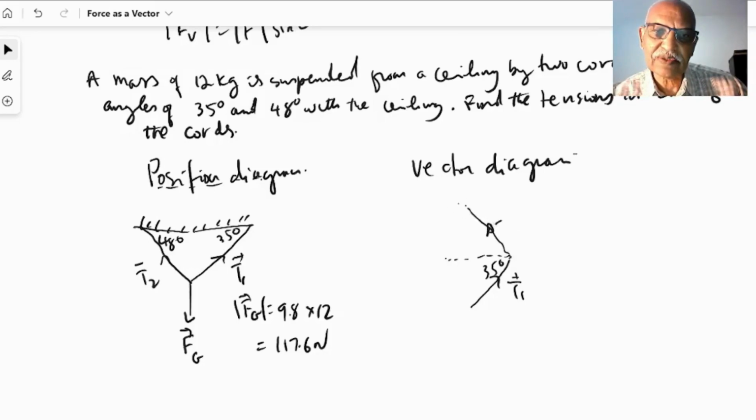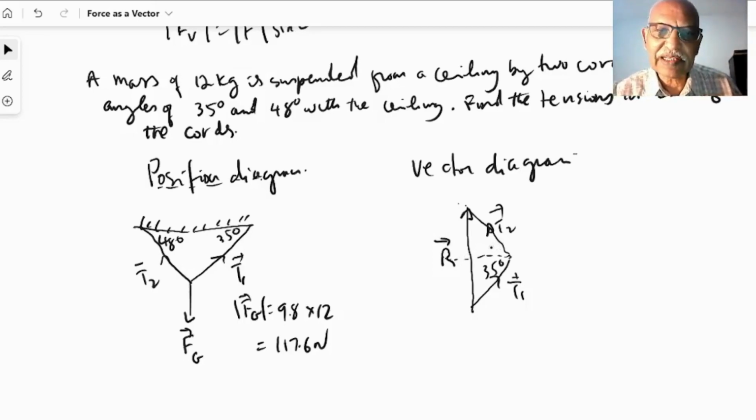This is T2. So now T1 plus T2, as a triangle of forces, will be the resultant. This is the resultant, T1 plus T2. Or it is opposite of the gravitational force. They have the same magnitude, opposite direction, we said. Therefore, we know now this is our resultant R.